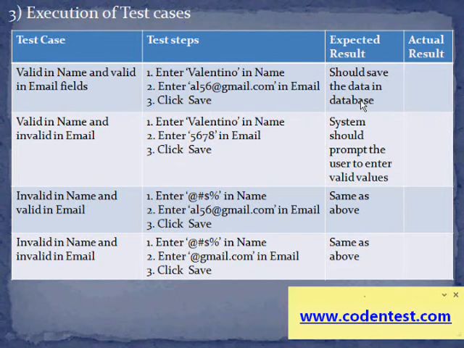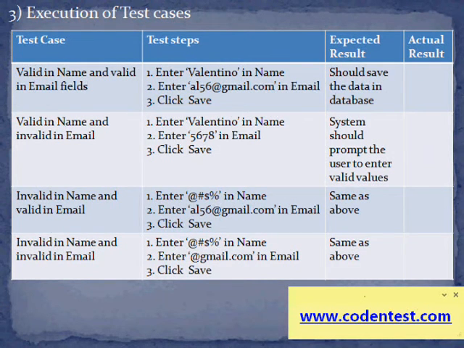And for the next three test cases, that is when invalid values are entered in either one of them or both of them, data should not be saved in the database, and system should prompt the user to enter valid values. That's our expected result, isn't it?